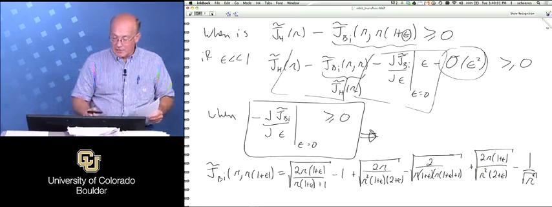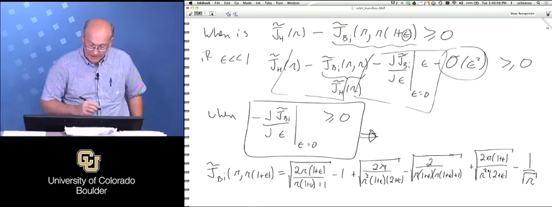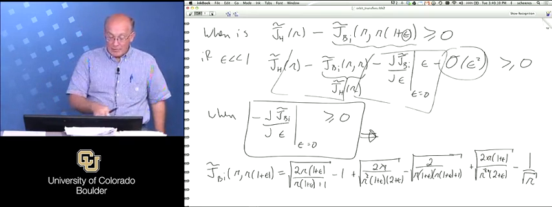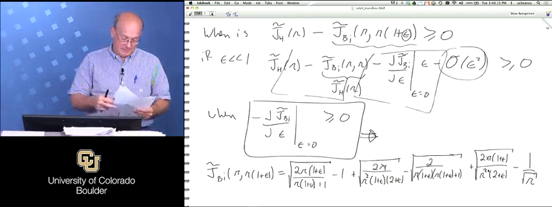Okay, you can check this out at home. There should be some simplifications. This and this should cancel. This and this should cancel. But once you write it like this, you can just take the partial with respect to epsilon to do that expansion.